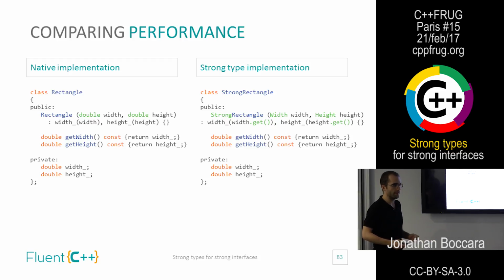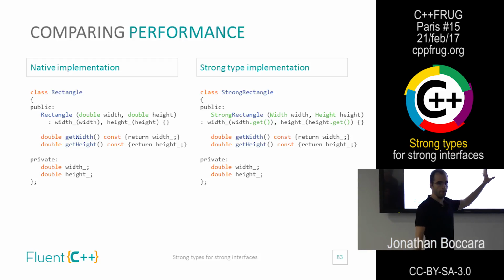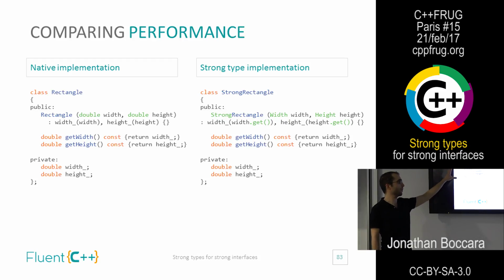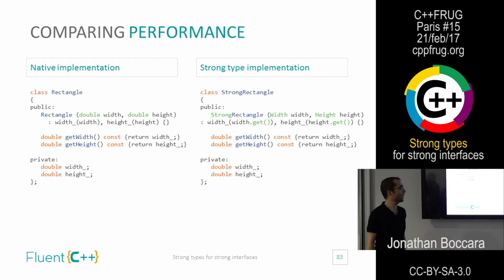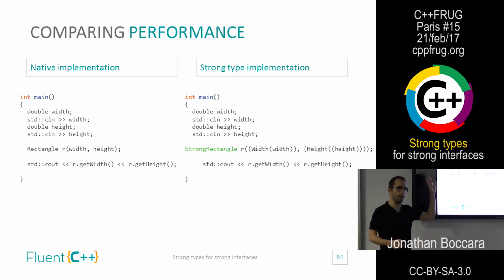The test we will do is comparing what code is generated without strong types with the one that's generated with strong types. I'm using a rectangle, one with native types and the other one with strong types. And the code we'll use to test it is basically ask the user for input and spit out outputs, and build a rectangle.